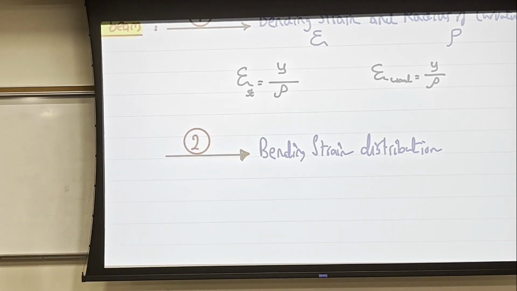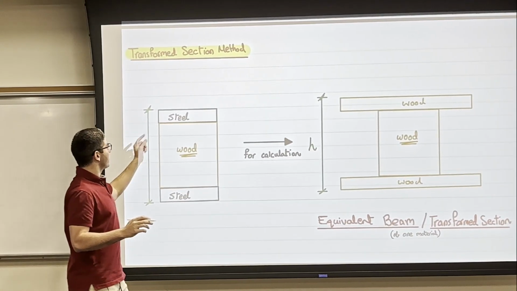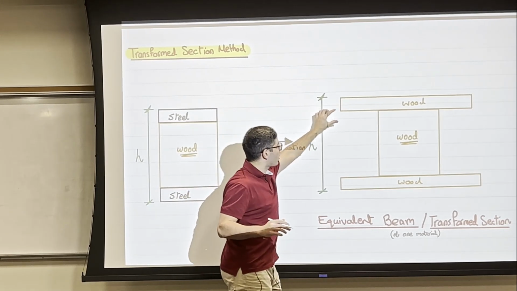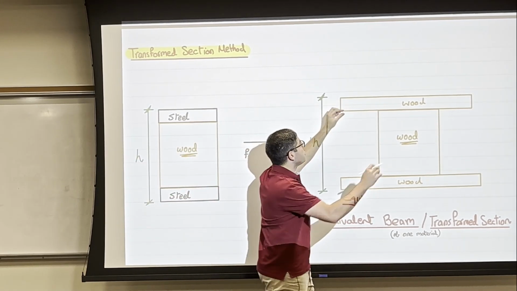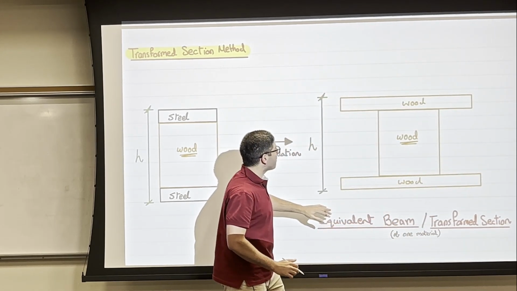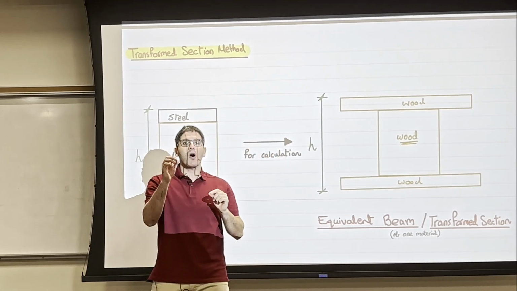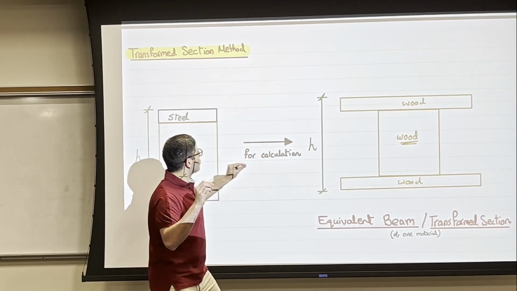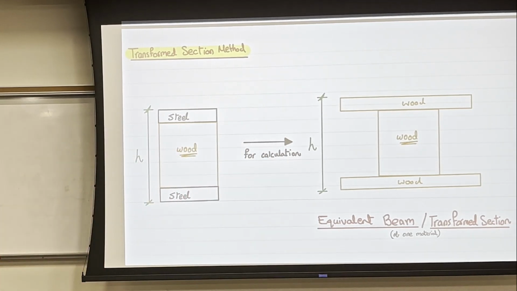That's why I told you earlier that when I convert two sections to each other, like when I convert steel to wood, I only change the width. I don't change the height, so that the epsilon for the whole beam is not going to change, because I want the y for the original beam to be equal to the y for the transformed beam.